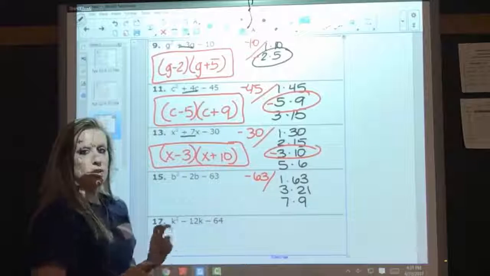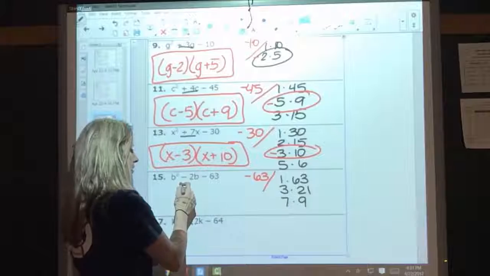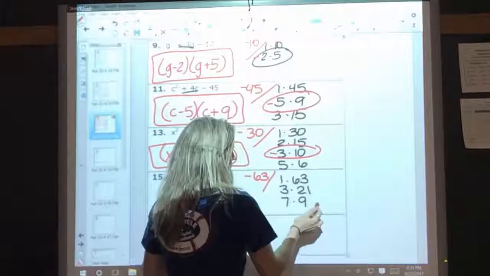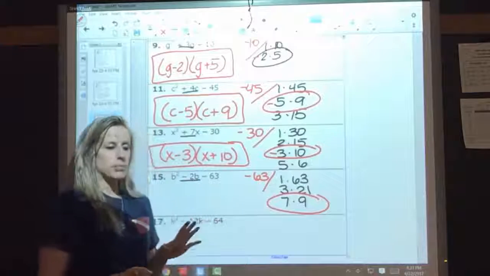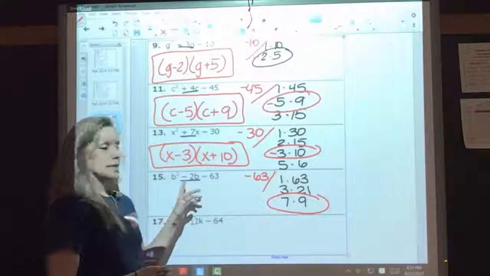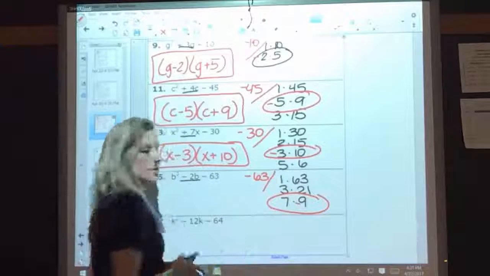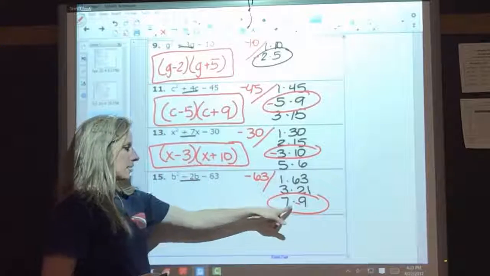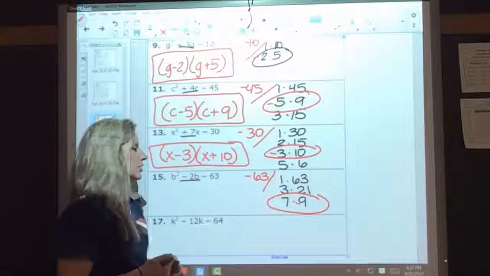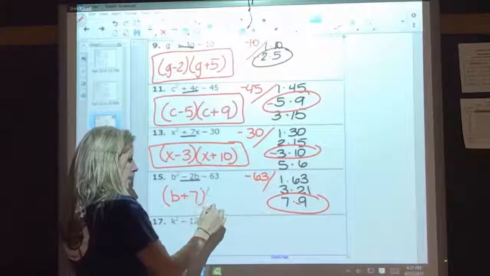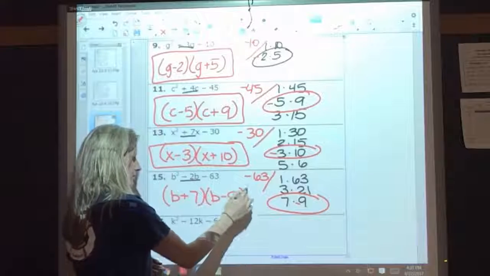Okay, so which two will add or subtract to give us a negative 2 in the middle? And it'd be 7 and 9. Now, people always mess this up. The way to get a negative 2 in the middle is to make the bigger number negative. Okay, 7 minus 9 will give you a negative 2. So our factors are b plus 7 and b minus 9.